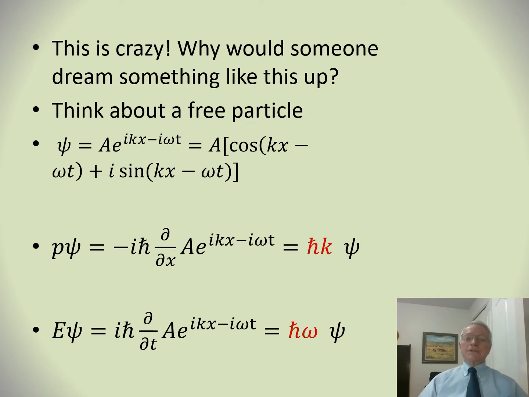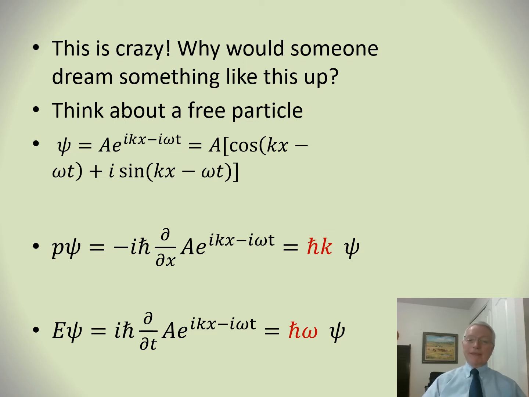So when you use this for psi, then in Schrödinger's picture, the momentum, p psi, would be this spatial derivative. And if you do that derivative to this, you get h bar k times psi. Well, h bar k, that's de Broglie's connection between momentum and wave number. So h bar k just shows up naturally. And if you do e psi, Schrödinger's interpretation of energy as a time derivative, you get h bar omega.